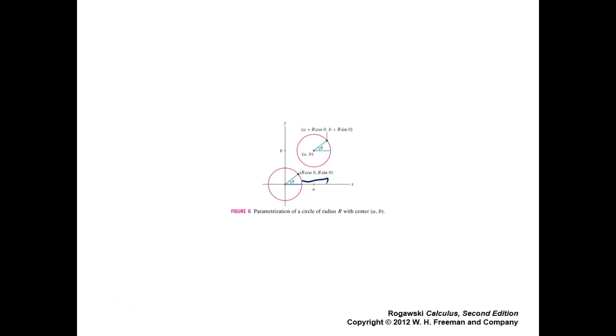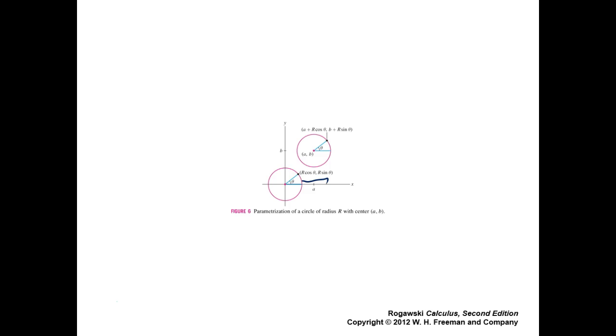You go around the circle once as theta goes from 0 to 2 pi. Or from minus pi halves to minus 5 halves pi.